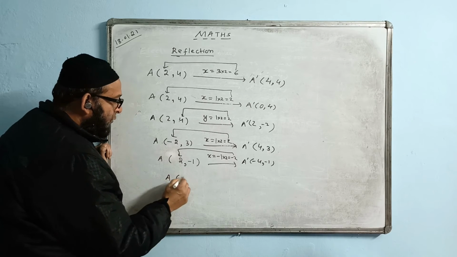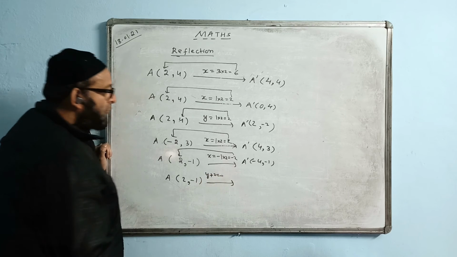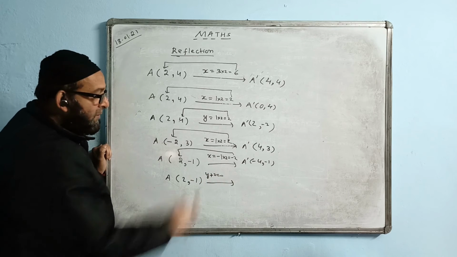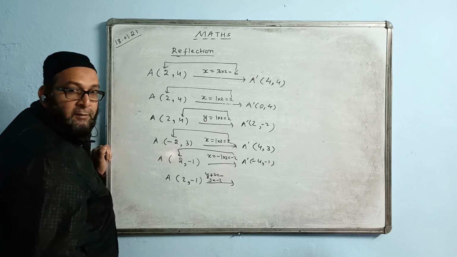If I do like this, (2, -1) and here it is given y + 2 = 0. How will you do? Y + 2 = 0. Then you send the 2 to that side first. Y is equal to -2, first you write.